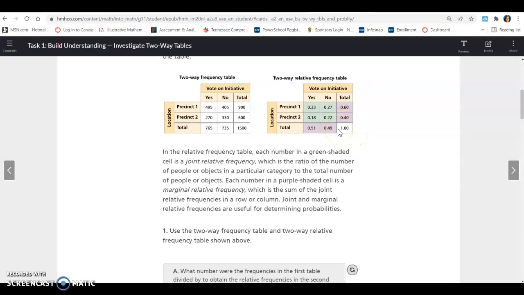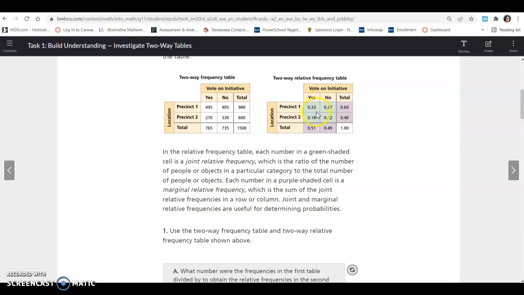All right. So in a relative frequency table, each number in a green shaded cell is a joint relative frequency, which is the ratio of the number of people or objects in a particular category to the total number of people or objects. Each number in a purple shaded cell is a marginal relative frequency, which is the sum of the joint relative frequencies in a row or a column.